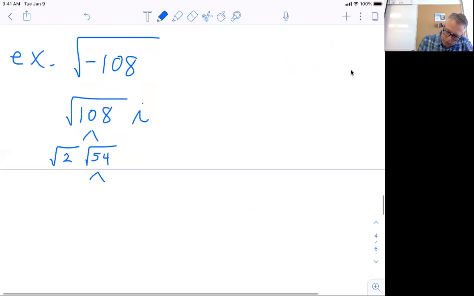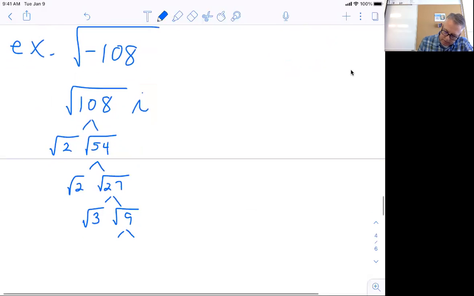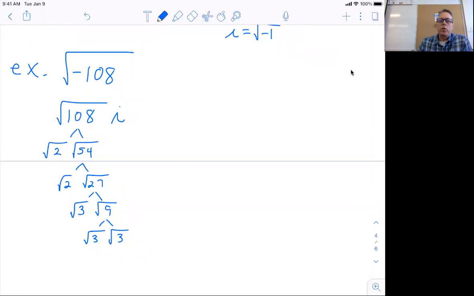And then 54, I could break into 2 and 27, right? And 2 doesn't go into 27, but 3 does. I could do 3 times 9. And 9 is 3 times 3. So I've broken that down into all prime numbers.